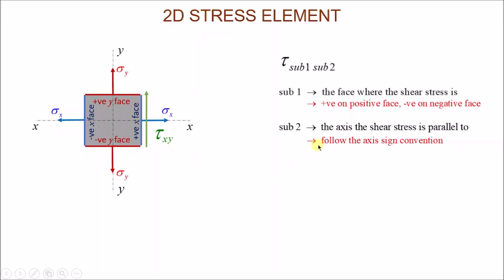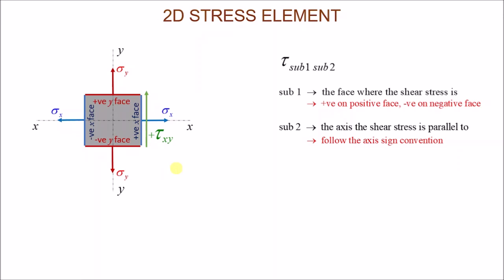Subscript Y is positive in the direction of the axis sign convention. In this case, the axis this shear stress is parallel to is the y-axis. Y is positive upwards, and this shear stress is pointing up. Therefore, subscript Y here is positive. So we have a positive subscript for X and a positive subscript for Y. Therefore, the whole shear stress here with that direction is positive, okay?